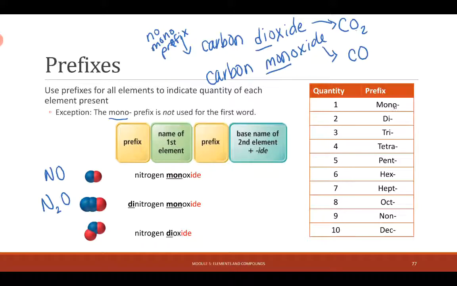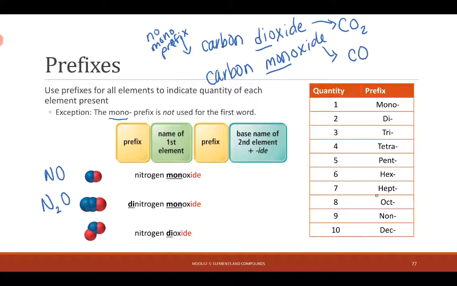A lot of the prefixes, there's an A, like tetra or hexa, in order to help pronunciation. But if your element starts with a vowel, then that A is dropped off. You will need to include the I's next to words though.